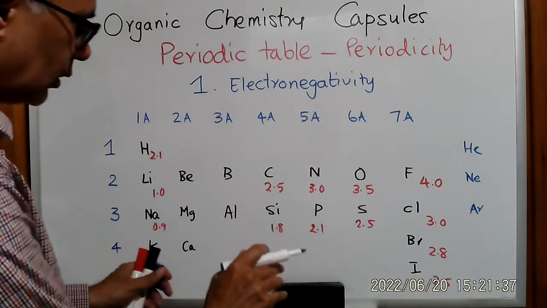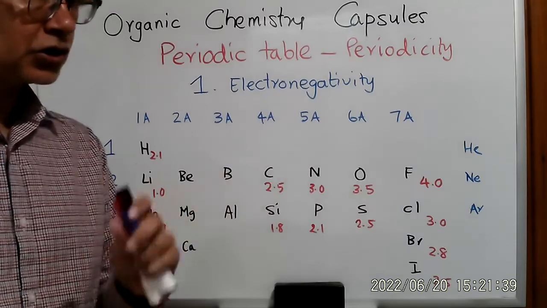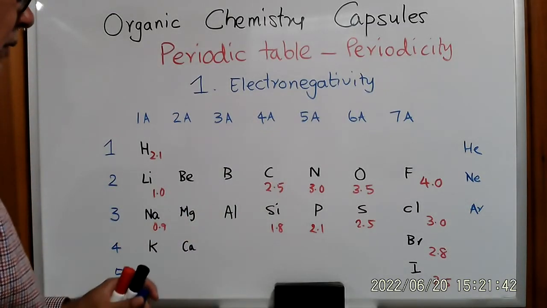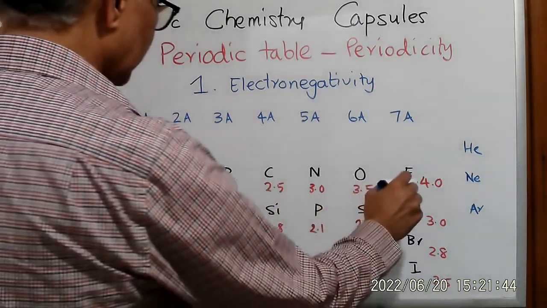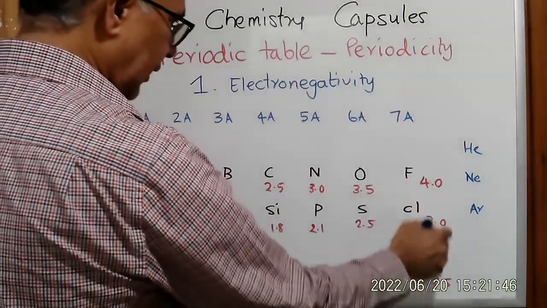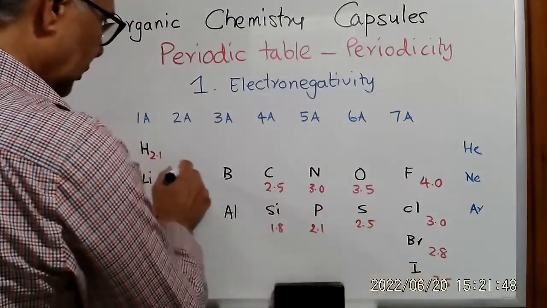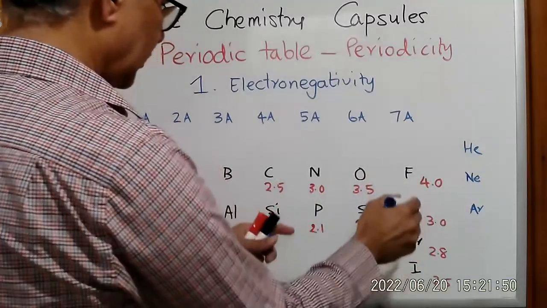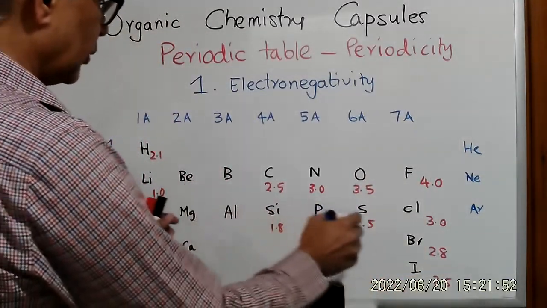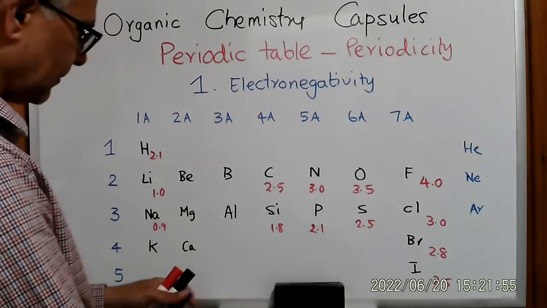But in this one, we'll just look at the electronegativity. I have given these numbers, the atoms and electronegativity numbers in red, some of the more important ones for organic chemistry.